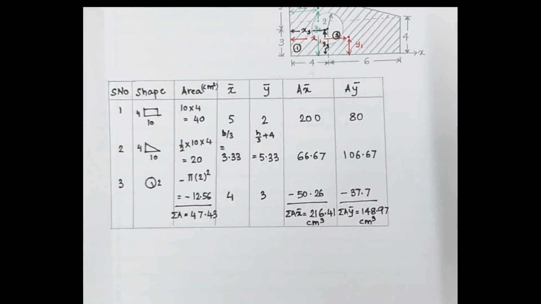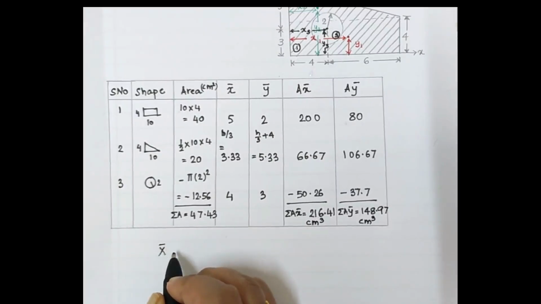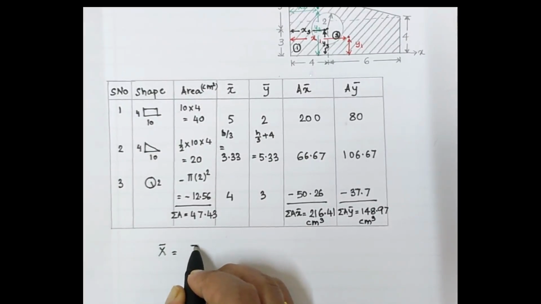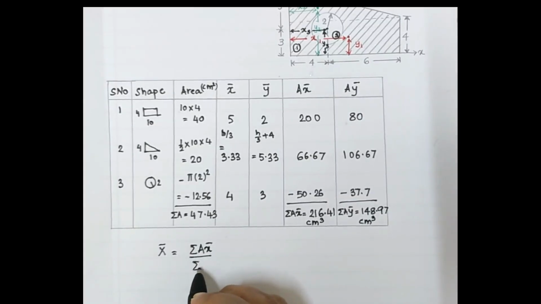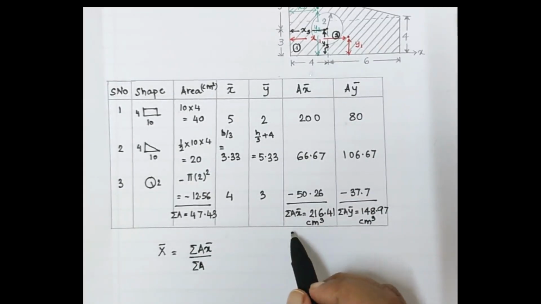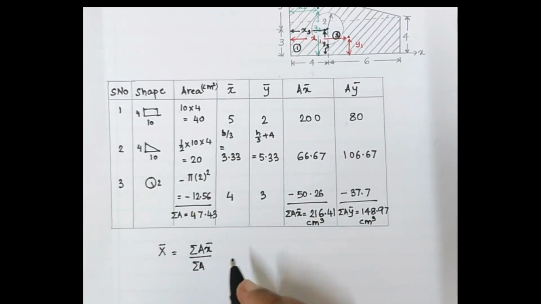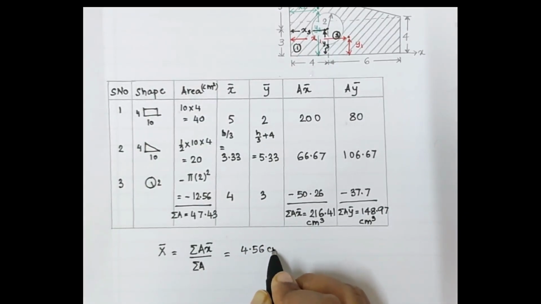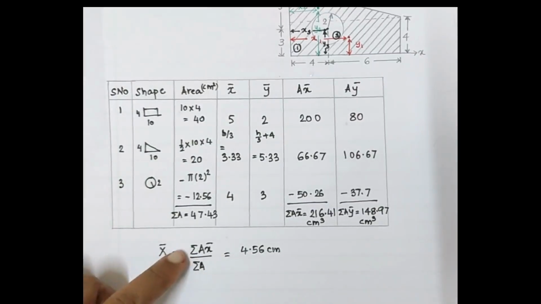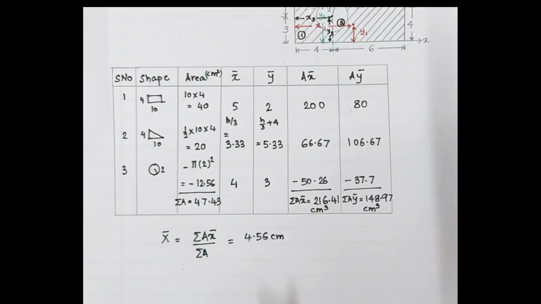Now, to calculate the overall centroid, that is capital X bar, we take summation A x bar divided by summation A. That means you simply take this value and divide it by this value and you will get the x bar, which comes out to be 4.56 centimeters. So this is centimeter cube divided by centimeter square. You get the final answer in centimeters.